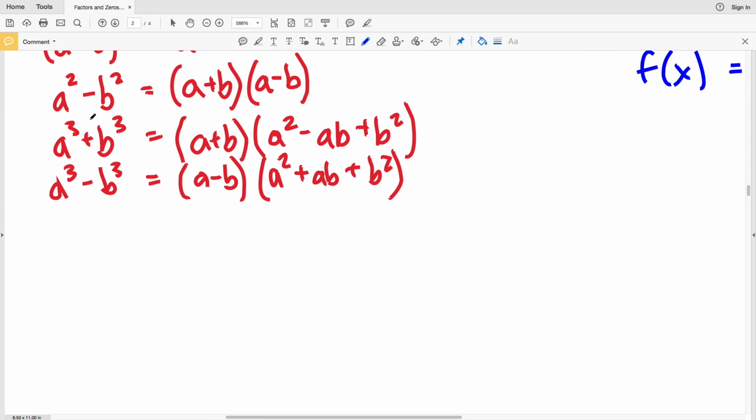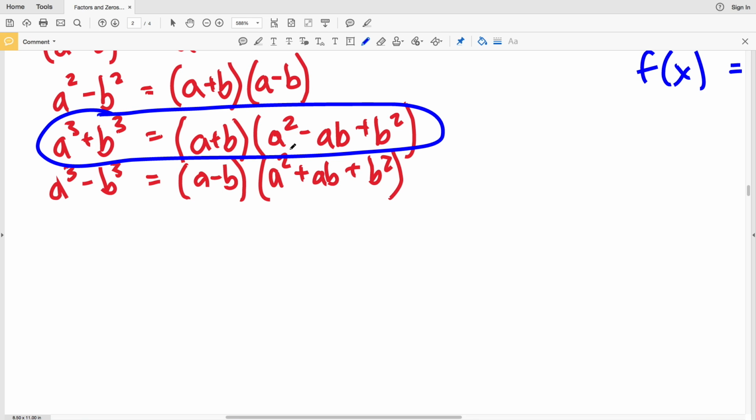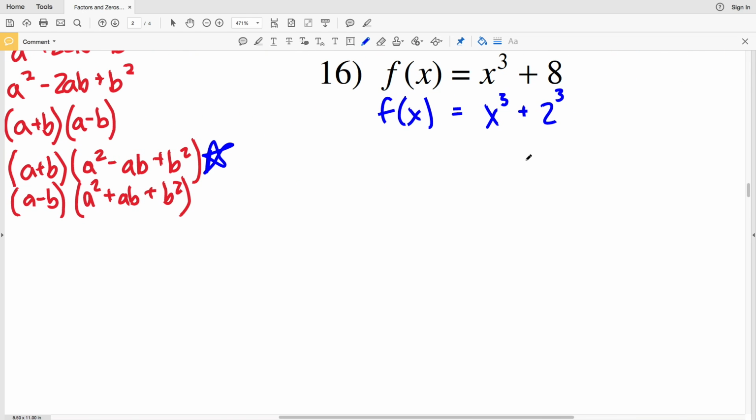X cubed plus 2 cubed, I can then factor as a plus b times a squared minus ab plus b squared. And that's because 2 cubed is equal to 8. So my a value is x, and my b value is 2.